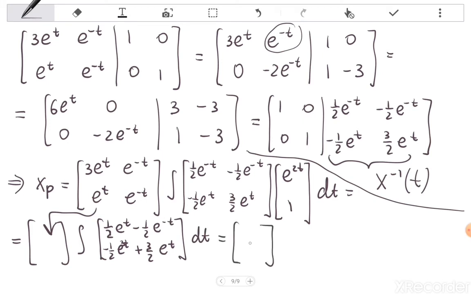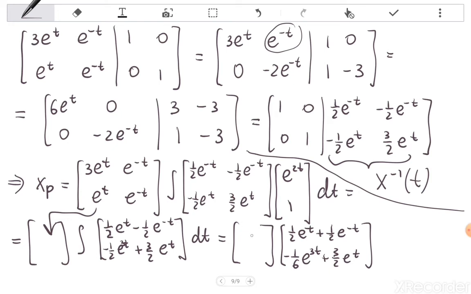So this is our matrix X. When we integrate, what do we get? So we obtain a half e to the t plus a half e to the minus t, minus 1 over 6 e to the 3t plus 3 over 2 e to the t.